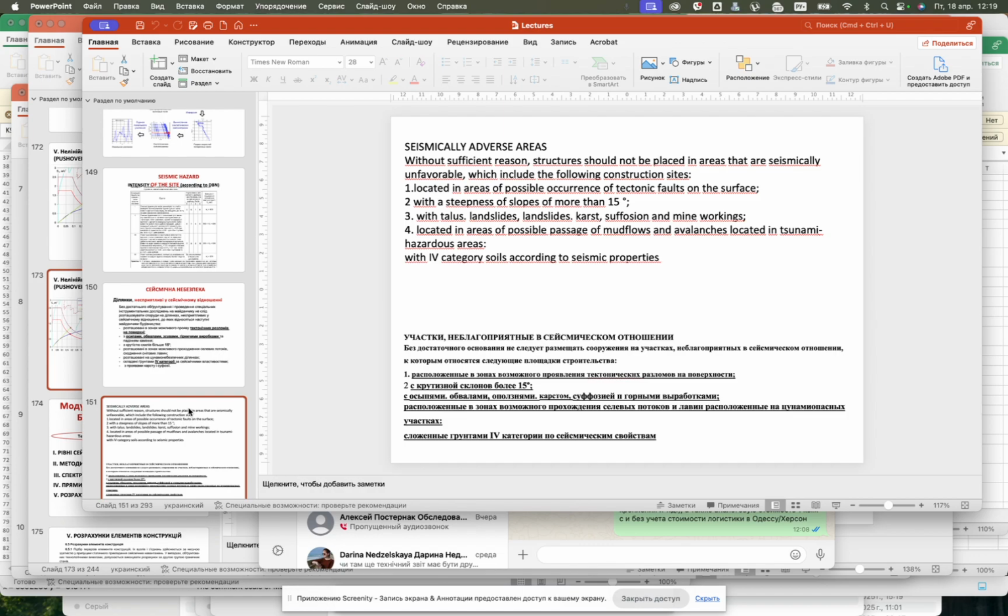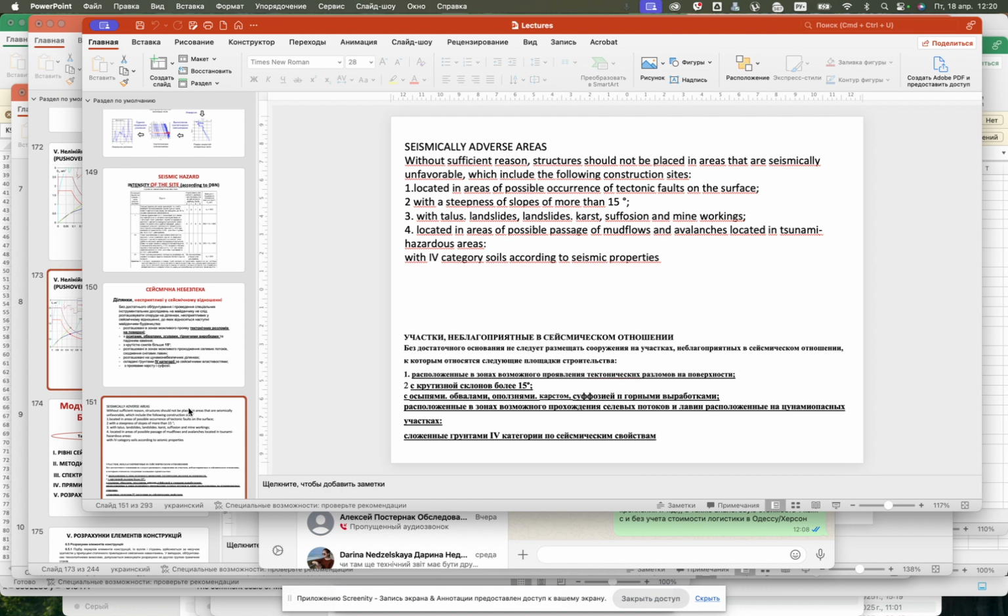By the way, when we're talking about the tsunami hazard of the Black Sea, we have to know that according to the analysis of the potential of tsunami waves in the Black Sea, in our area we can get a tsunami with a height of not more than 5 meters. For the most part of Odessa territory, 5 meters means nothing because the main part of the city is higher than sea level by 50 meters.